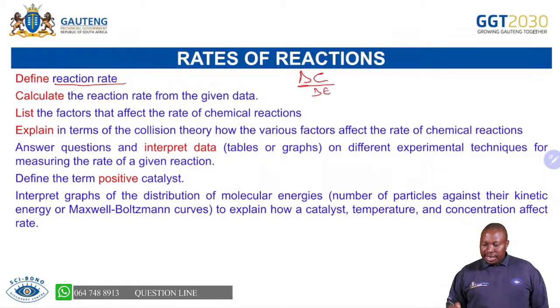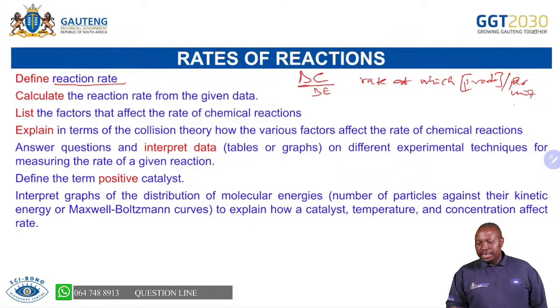We had the year 2022 where learners were saying the rate at which the concentration of the product changes per unit time. You cannot use rate and per unit time in one statement.